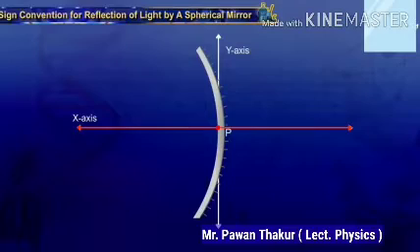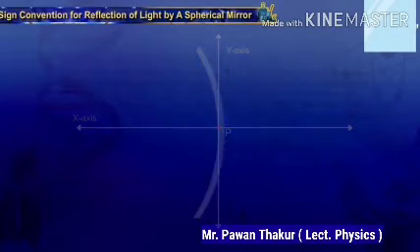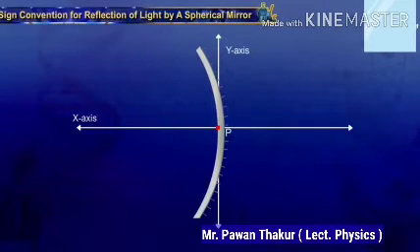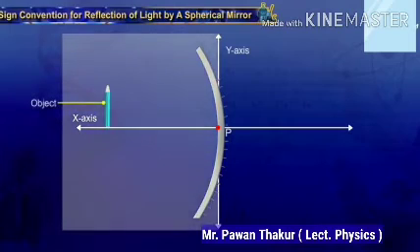This will be the object here. The distances measured in the direction of the incident light are taken as positive, whereas the distances measured in the direction opposite to that of the incident light are taken as negative.